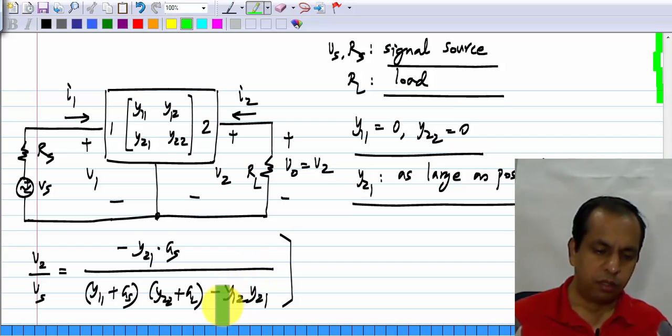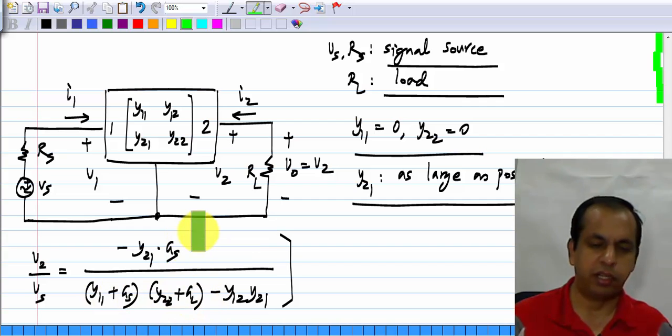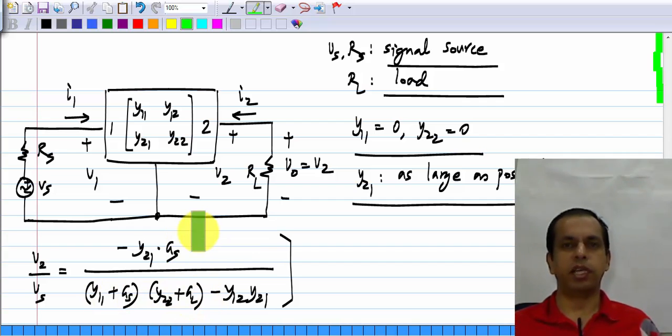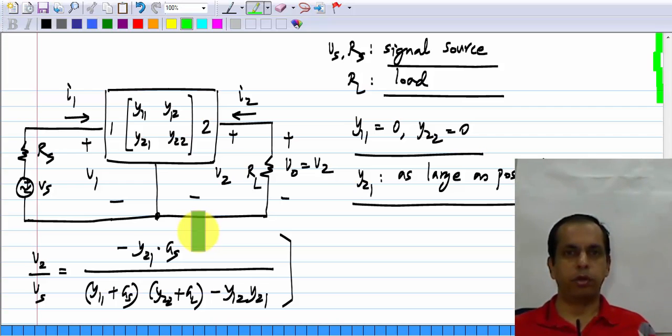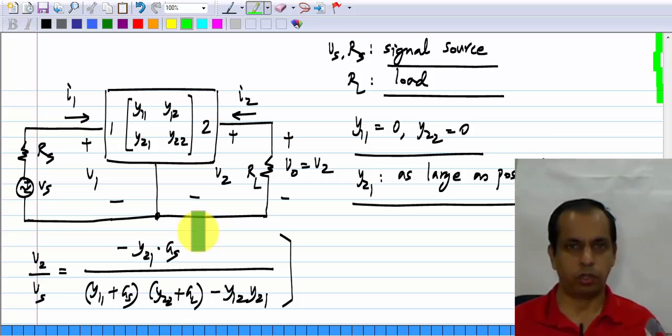So what you don't want is for this to cancel that and the gain to go to infinity. What does the gain of infinity mean? It means an unstable circuit, a circuit that can produce an output even without an input. So that's an unstable circuit, and that's certainly something that we don't want.